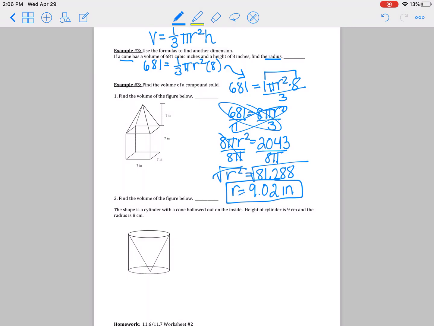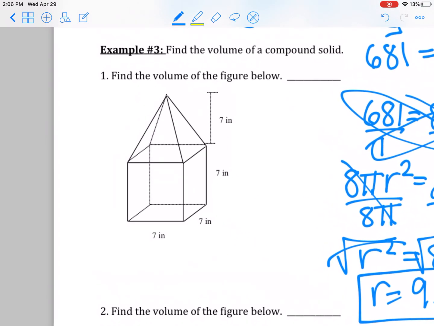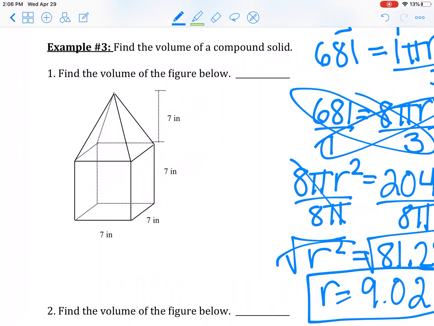Okay, on to the next. It says find the volume of the compound solid. So it looks like we have two parts. We have a prism at the bottom, and we have a pyramid at the top. Kind of looks like a house. So if you would like to solve it, I recommend solving it in two separate pieces and then adding that together.